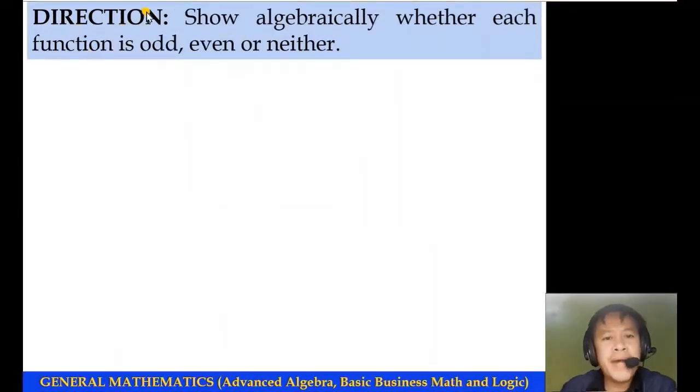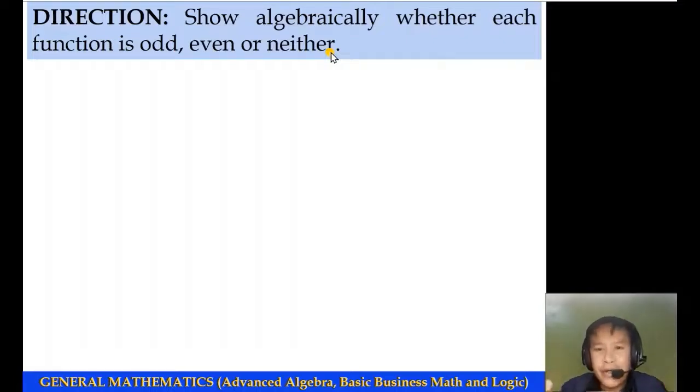Direction: Show algebraically whether each function is odd, even, or neither. What you are going to do is get the additive inverse of x, which is negative x, and substitute this negative x into the original function.